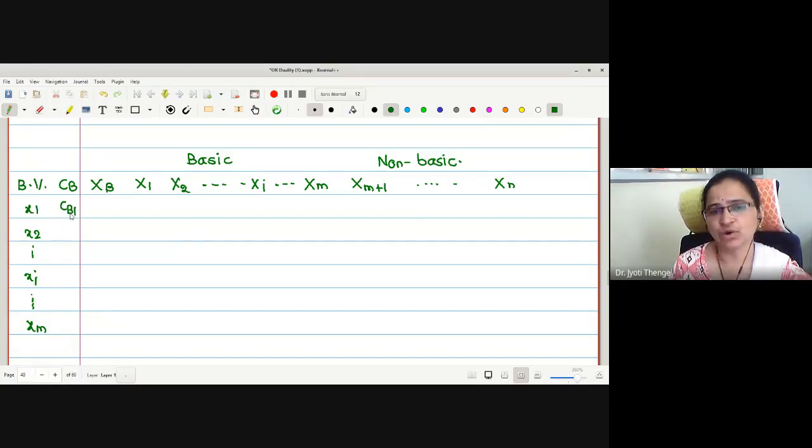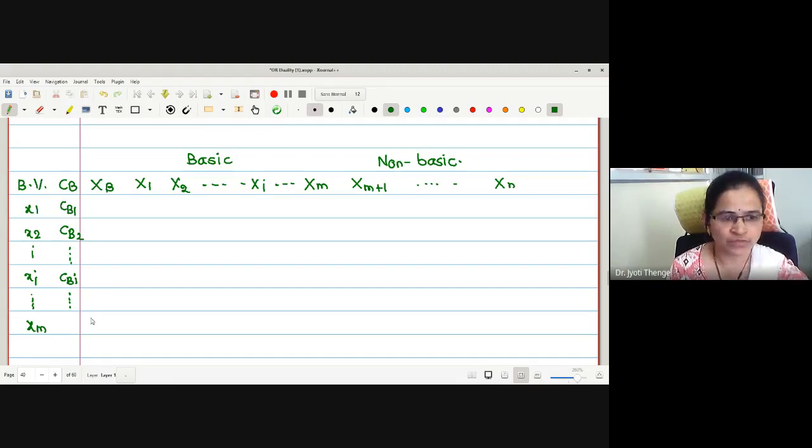The cost will be 0 for the non-basic variables, or those variables which are actually the slack variables. Earlier we wrote C1 for x1 as the coefficient symbol, but here, as we are writing the cost of the basic variable, we will write it as CB1, CB2.